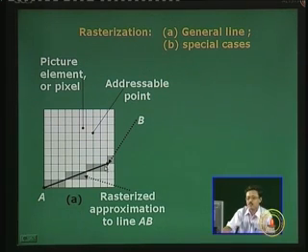But if you observe very closely with the help of a lens, or sometimes even with the naked eye in case of a poor or low resolution display system, TVs, screens or even monitors, you will probably see that these pixels form an arrangement like this. These are the pixels which the algorithm or the program has found to lie very close to the line AB, and you see an effect of a staircase here.